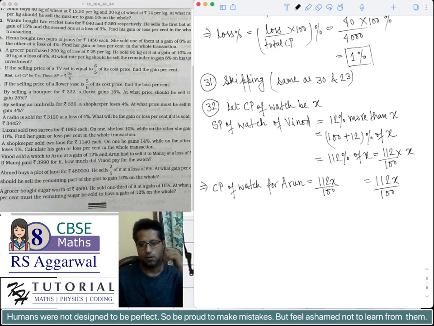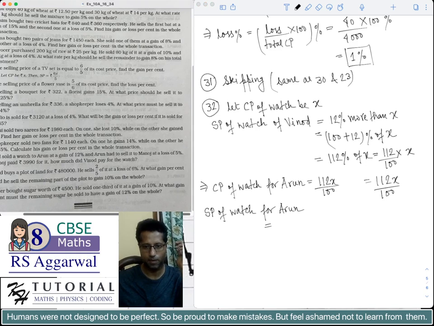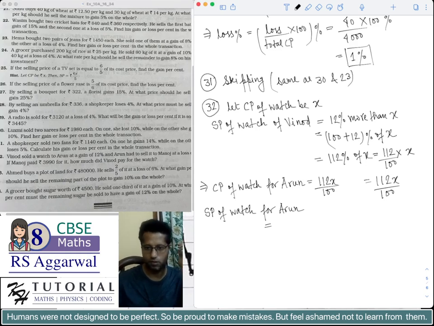So selling price of watch for Arun, that is the price at which Arun sold the watch to Manoj, should be equal to, since Arun sold the watch to Manoj at a loss of 5%, so selling price of watch for Arun should be 5% less than the cost price of the watch for Arun, which is 112x by 100.